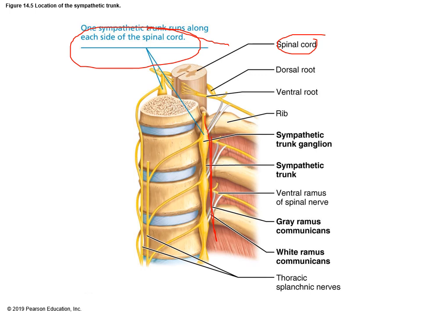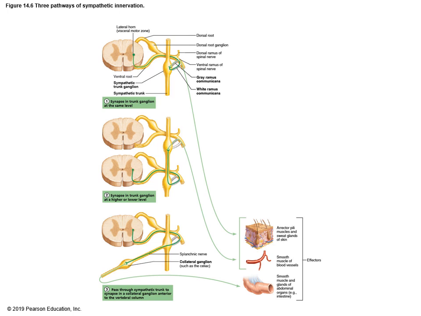As the chapter proceeds, it also tells you about what it calls pathways of how the innervation, the connection between the fibers and the nerves, will work together. And one thing that it will highlight are different pathways, depending on if you have a synapse, or a connection point, at what they call the same level, meaning from the spinal cord over to the sympathetic trunk.